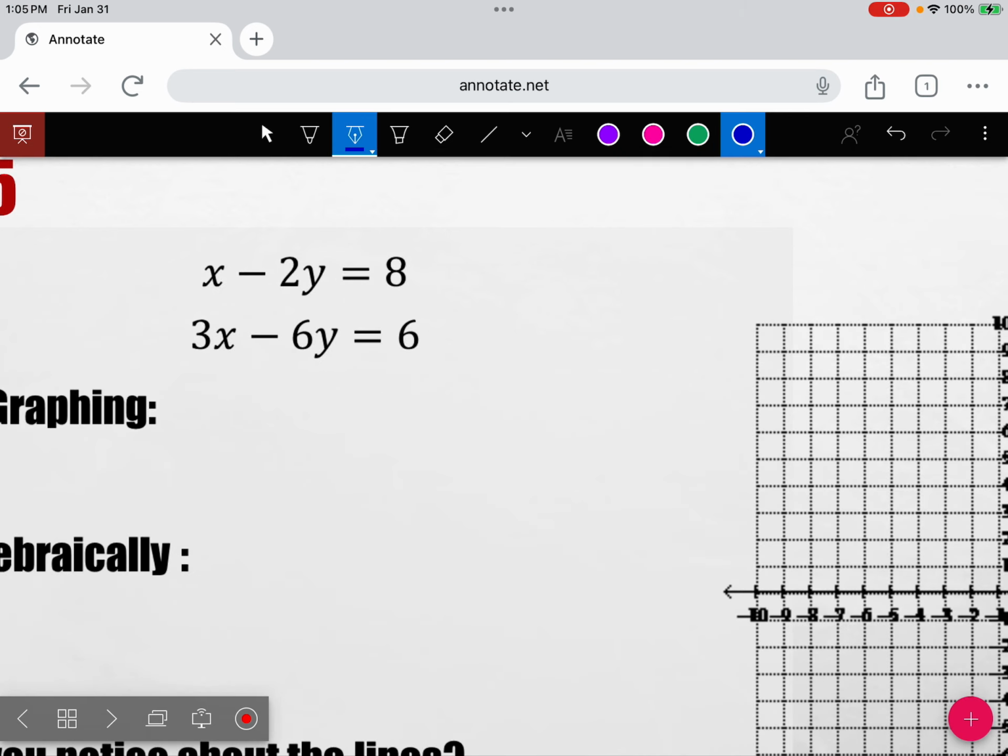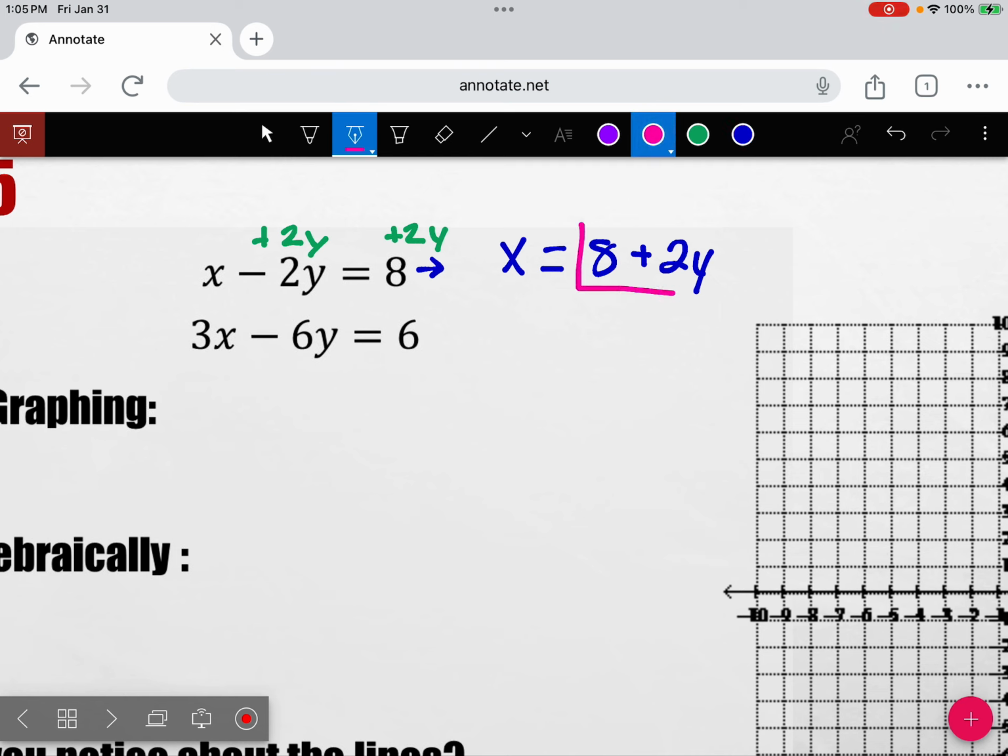That's the way I'm going to go, just to let us practice the substitution. So I'm going to take this guy and make this be an x equals. So to do that, I'm going to add 2y to both sides. If you already started working while I was talking and you started doing elimination, you should still wind up with the exact same kind of vibe that we get. So we're going to have an x equals 8 plus 2y, or you can put 2y plus 8. Either way is fine.